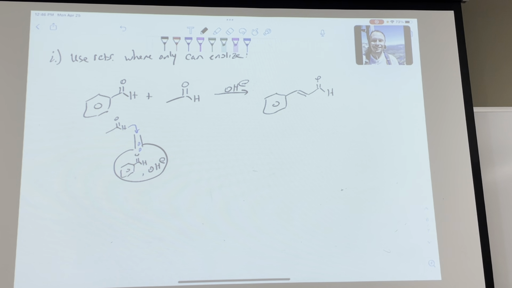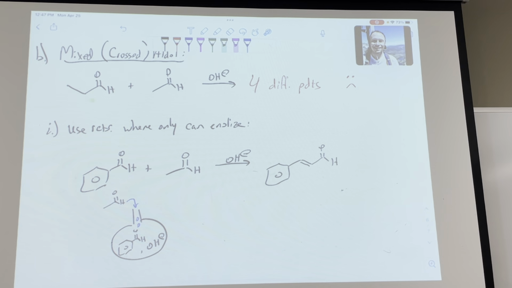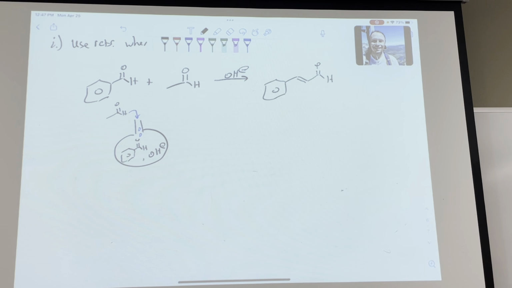Now the other way of doing this, we still haven't really addressed what if I wanted to make that? What if I did want to use this reactant pair where both of them can enolize? The way we would do that is use a stronger base.